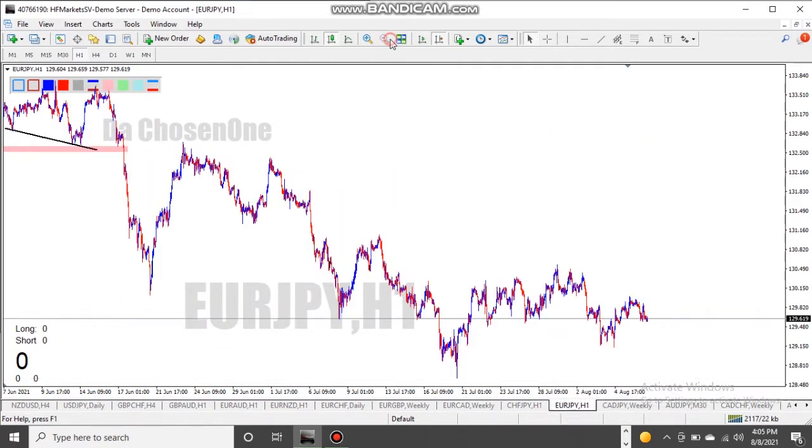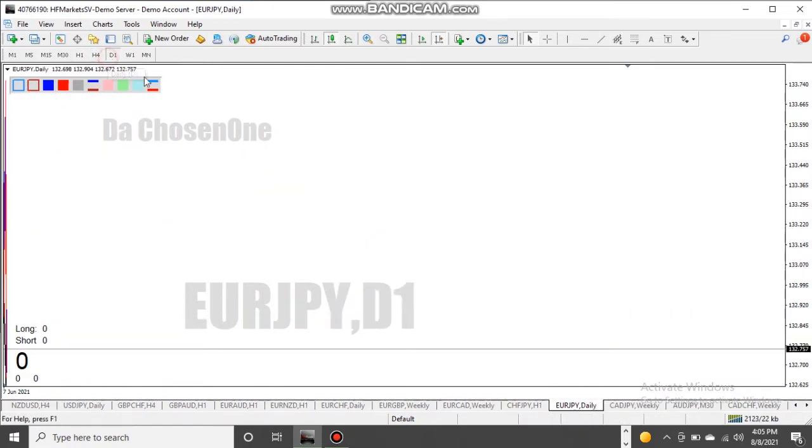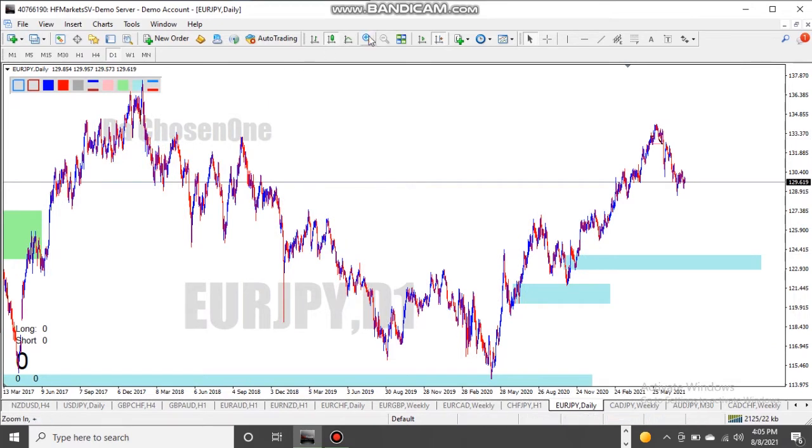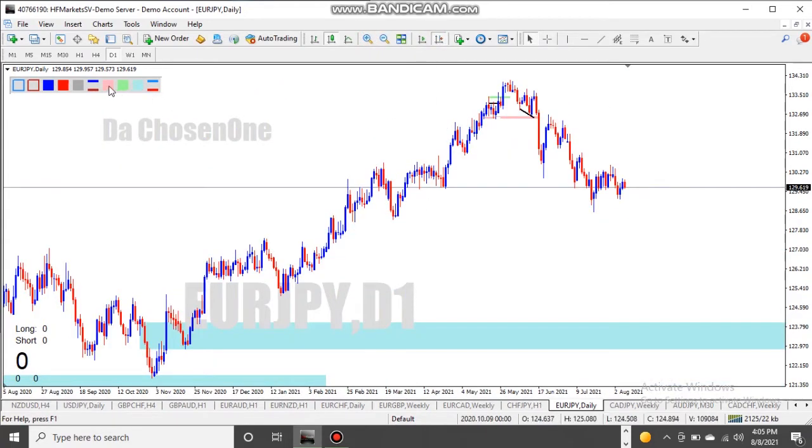With Euro Jpy, guys, we have something like this. Price was held by this demand area, and now it is held by this demand area over here.